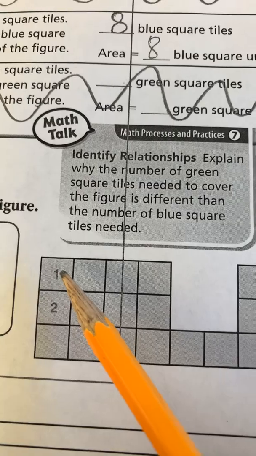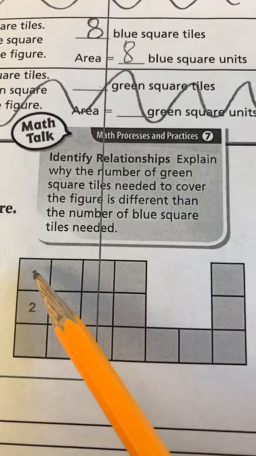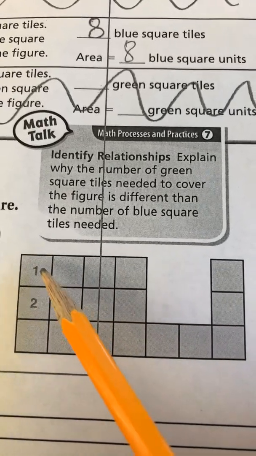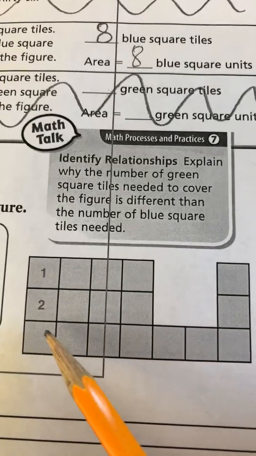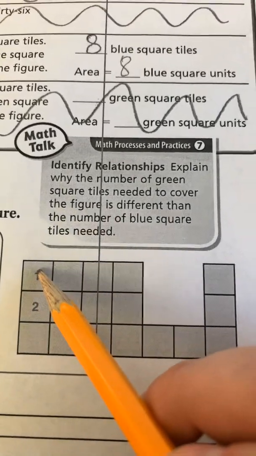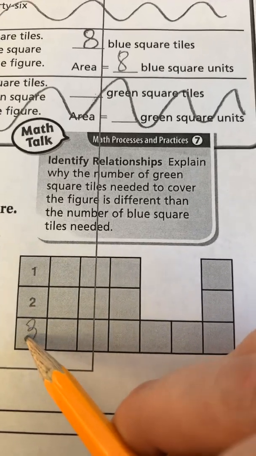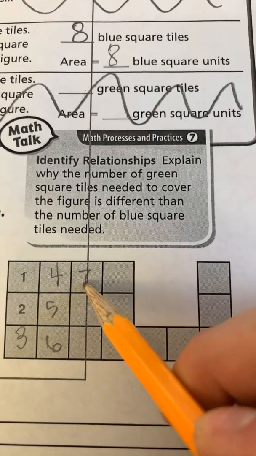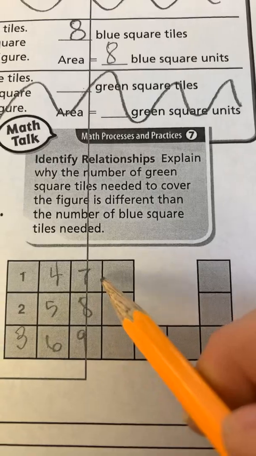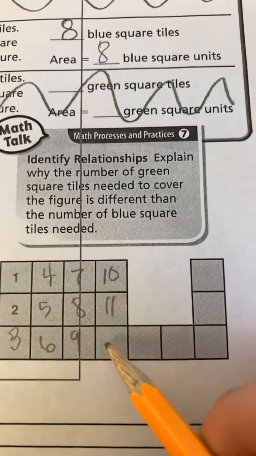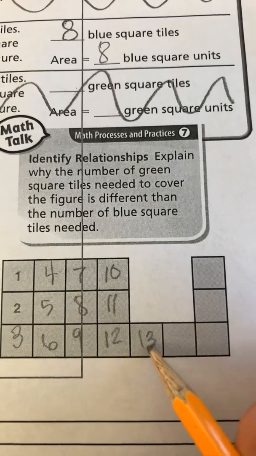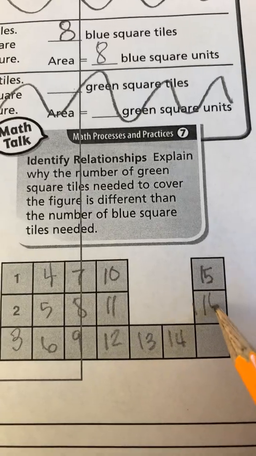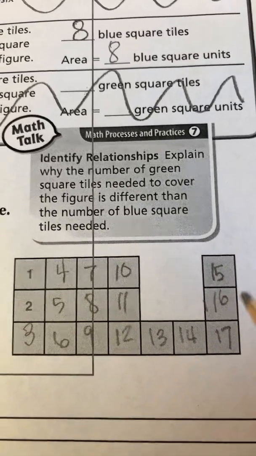So let's go ahead and count up our unit squares. Make sure we don't miss any and we don't count any twice. So let's give a little check mark, or you can write the number on each box. So 1, 2, 3, 4, 5, 6, 7, 8, 9, 10, 11, 12, 13, 14, 15, 16, and 17.